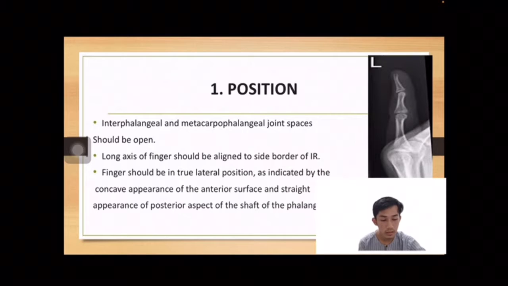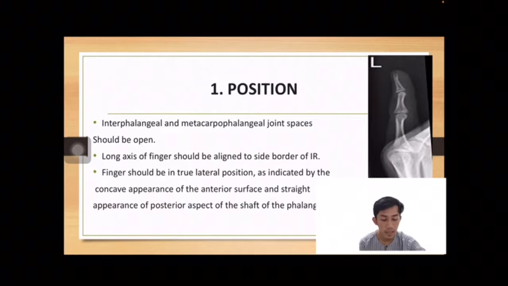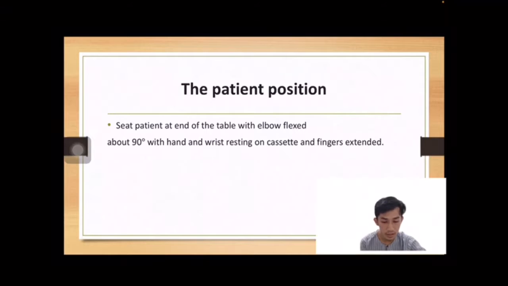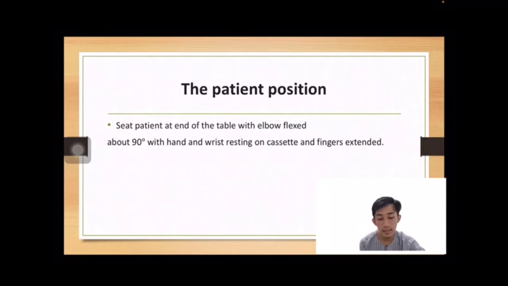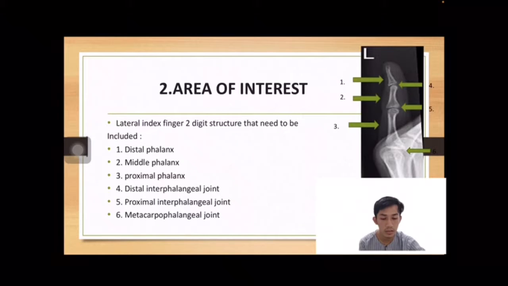So this radiograph is good for the lateral position. Next slide is the patient position. The patient sits at the end of the table with the elbow flexed about 90 degrees, with hand and wrist resting on the cassette and finger extended.